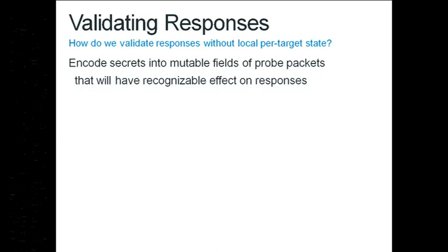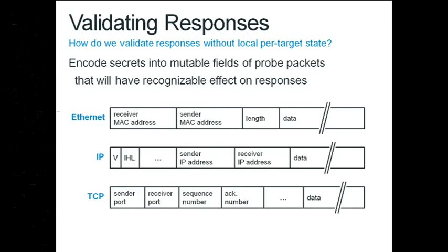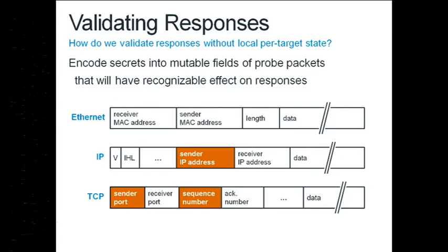The technique we use for this is very much like the idea behind SYN cookies. If we were to look into the headers for, say, a SYN probe here, there are a bunch of fields that we can use to encode distinguishable data. Based on some per-scan random secret, we encode bits into the sending IP address, if we have a range of addresses to send from, into the sending port, and into the initial sequence number.